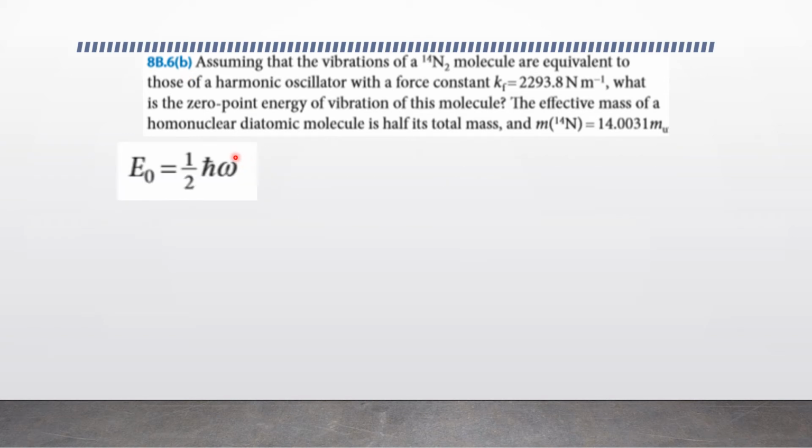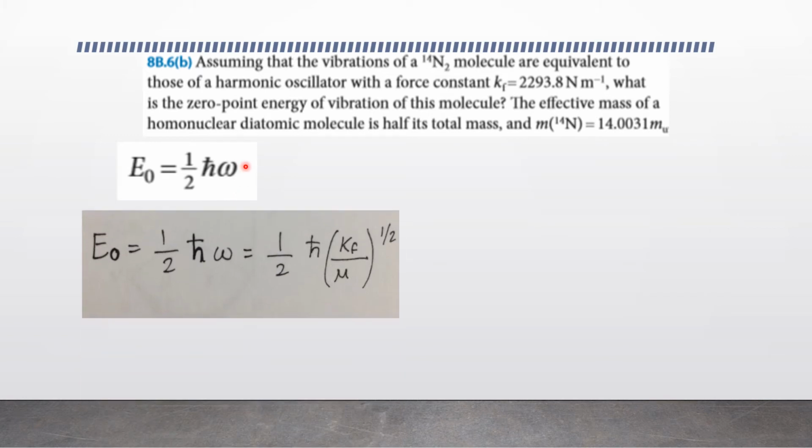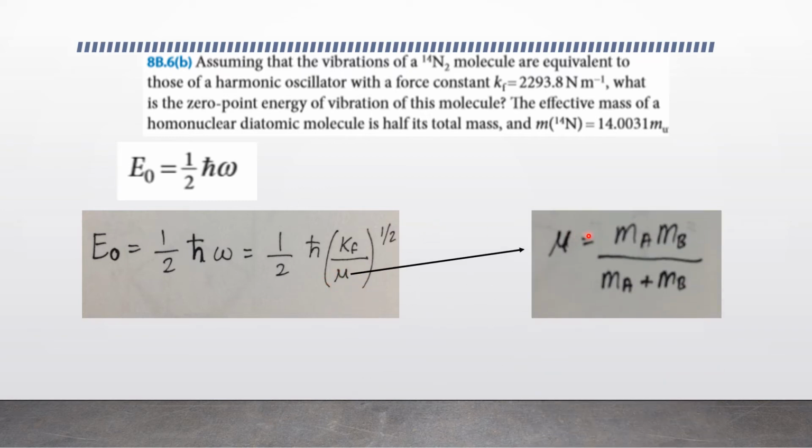Because we do not know the value of omega, we can substitute omega with this equation, giving us 1/2 times h bar times the force constant over the reduced mass, raised to 1/2. And the reduced mass has its own formula, which is given by mass A times mass B, all over mass A plus mass B.